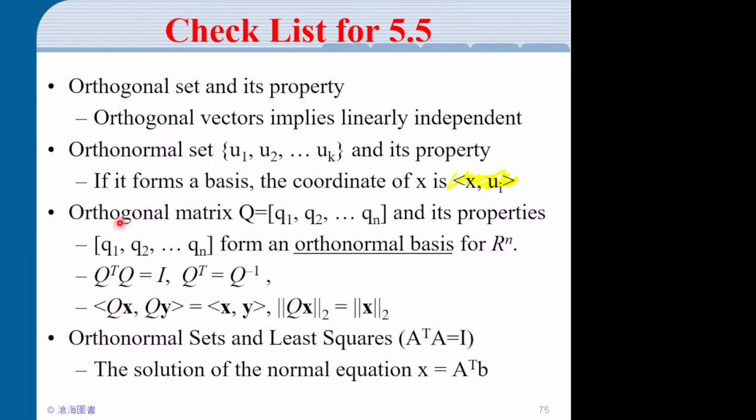And orthogonal matrices are really nice because they are kind of a transformation between orthonormal bases, and those transformations will preserve inner product. The inner product of Q^T X and Q^T Y equals the inner product of X with Y, and the norm of QX will equal the norm of X.